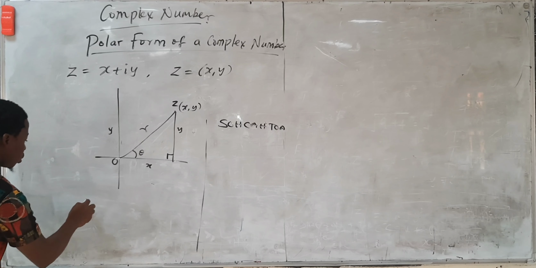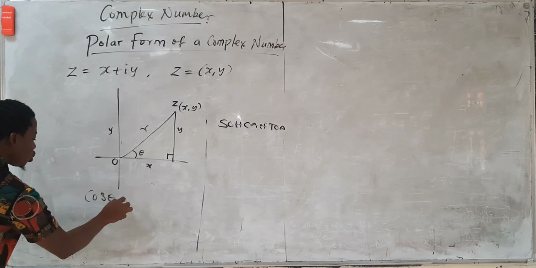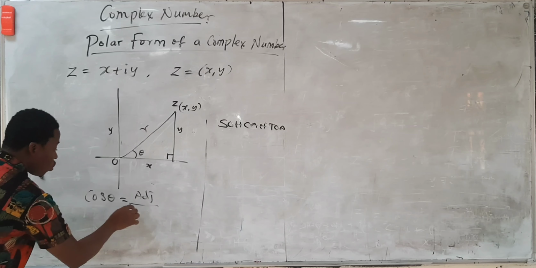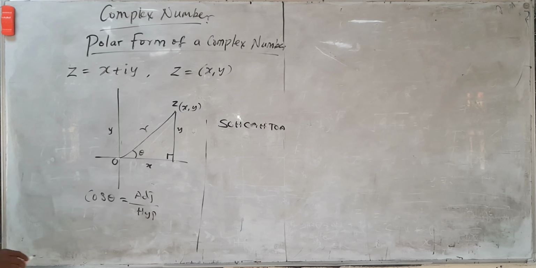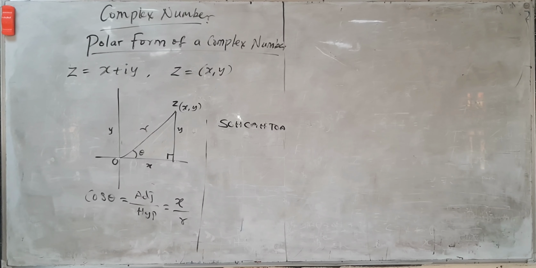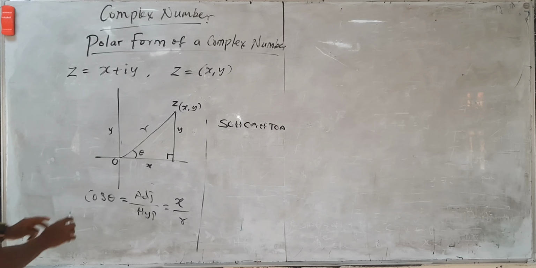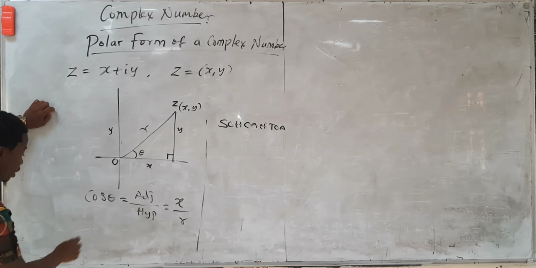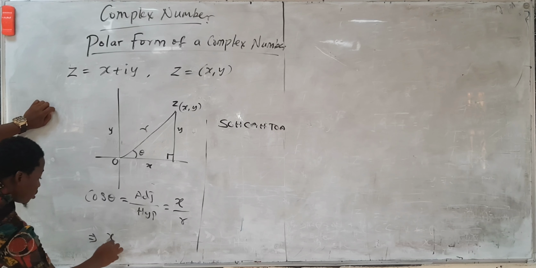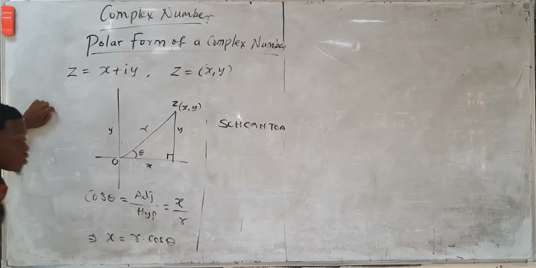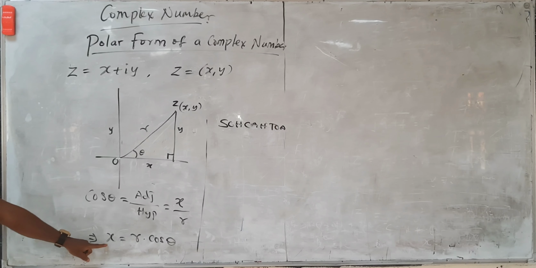We have cos theta equal to adjacent over hypotenuse, which is x over r. Cross multiplying, since our intention is to find the value of x, we have x equal to r times cos theta. So this is the value of x.